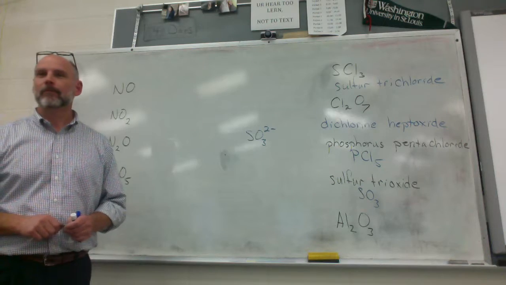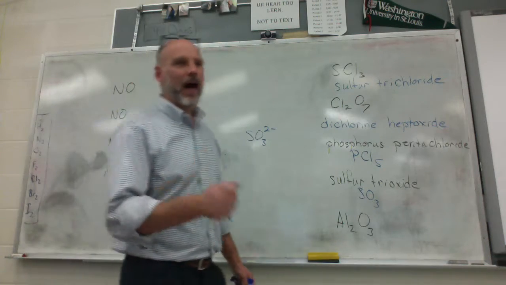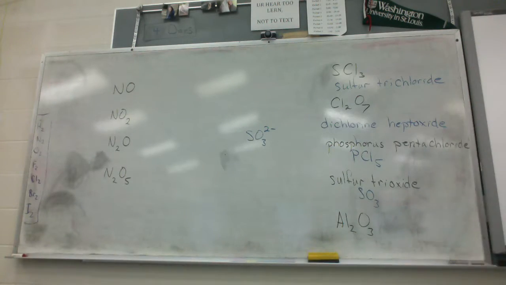As I said earlier, from now on, you guys are going to have to look at each and every element or every compound and make a decision as to whether it's ionic or covalent. Because from now on, they're not all going to be from one type or another. It's going to be all mixed and matched by the time it's all said and over. You have to be able to recognize that.